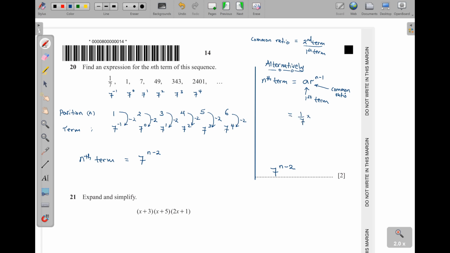The common ratio, you get 7 divided by 1, that is 7. So it is 7, then n minus 1. Then I simplify this. This 7 will be power negative 1. Then 7 here, power n minus 1. Now using rules of indices, we shall add these powers. So negative 1, then plus n minus 1. So you get 7 power n minus 2.